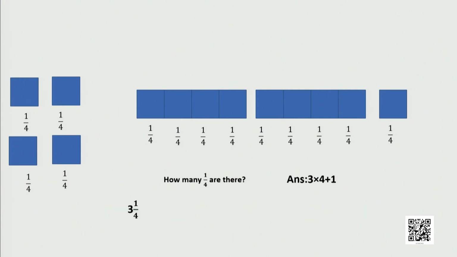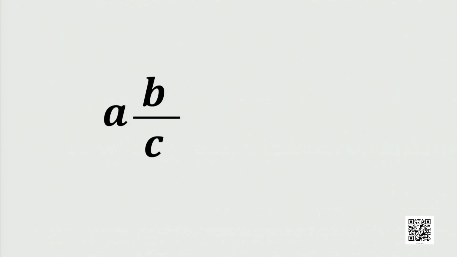We started with 3 and 1/4. So how many 1/4 do we have? We have seen that it is 3 times 4 plus 1 quarter. So it is represented like this, and it will go to the numerator, and we have 4 as the denominator, which we have seen earlier. So let us have a visual representation for it.